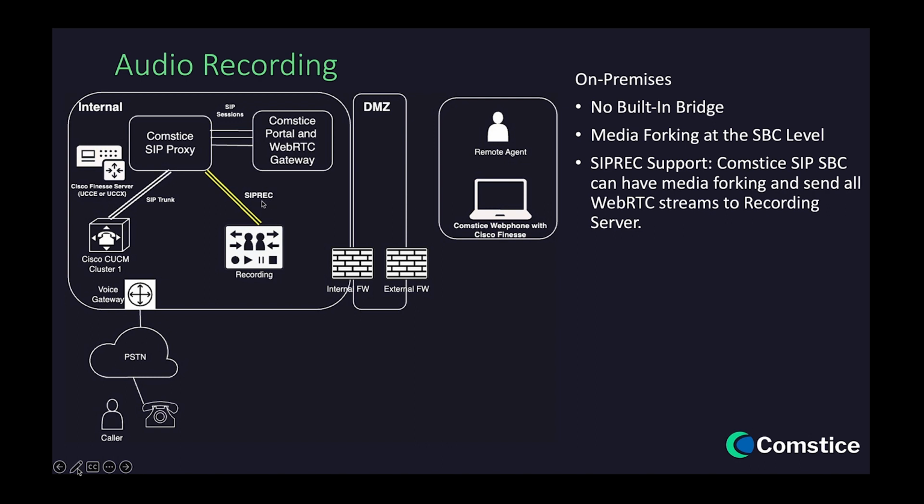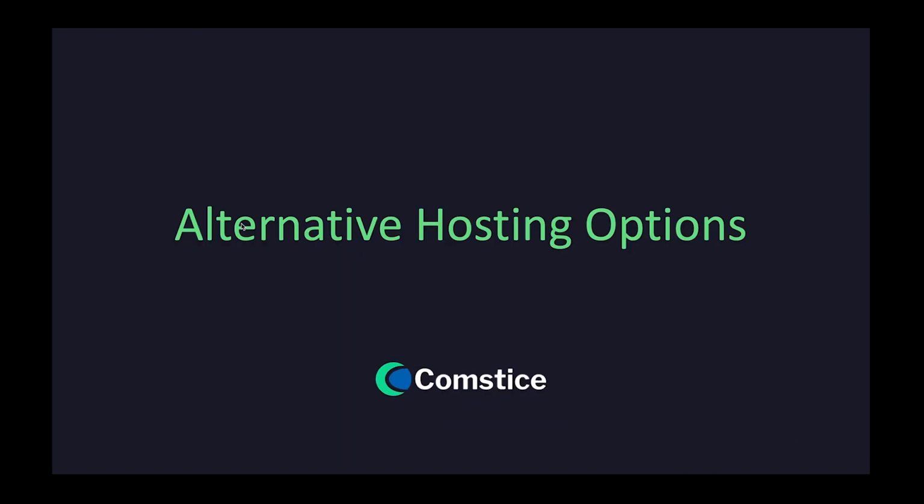That's the industry standard protocol that all mainstream recording solutions support, so you don't need Cisco CUBE, any additional software applications, or any topology or network change. It goes straight from the SIP proxy to the recording solution using SIPREC. SIPREC also includes metadata tags for each call, so you can classify the calls, and they will be easily reachable through the existing recording solution.